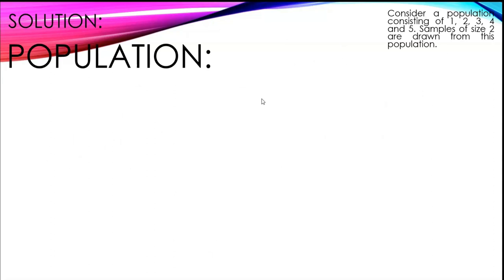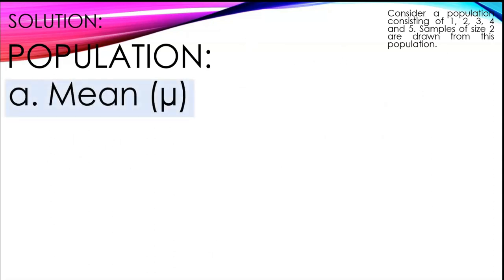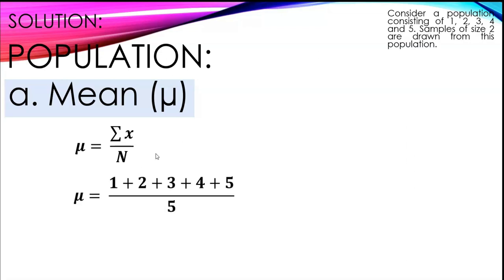Now let's start solving for the parameters of our population. And let's start solving for the mean. The formula in finding the mean is equal to the sum of x over n. Now remember that x are the variables that are inside the population, and the variables here are 1, 2, 3, 4, and 5. So we're just going to add all of them.